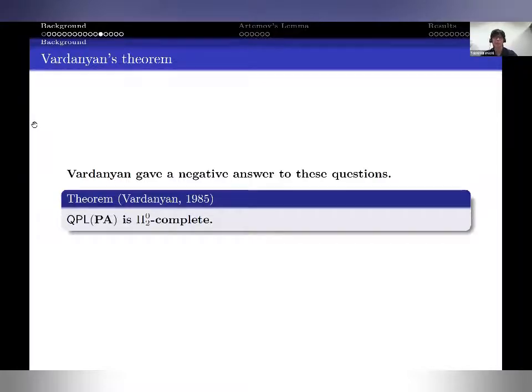Vardanyan gave a negative answer to this question. He proved that the quantified provability logic of PA is pi02 complete. So this set, the quantified provability logic of PA, cannot be characterized by QGL and any other recursively axiomatized formal system.